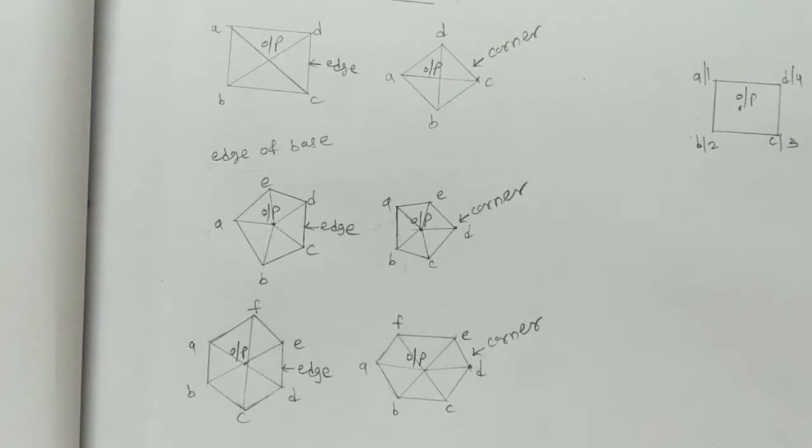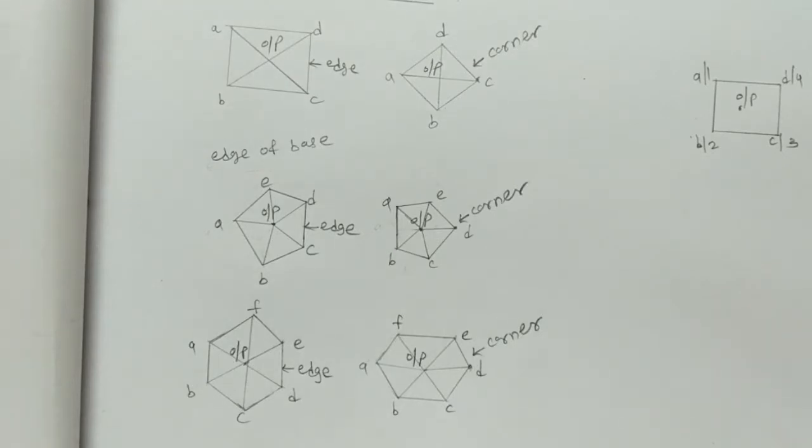Then cone is also same as pyramid but at base there is a circle. And cylinder is same as prism, but the base of cylinder is a circle.